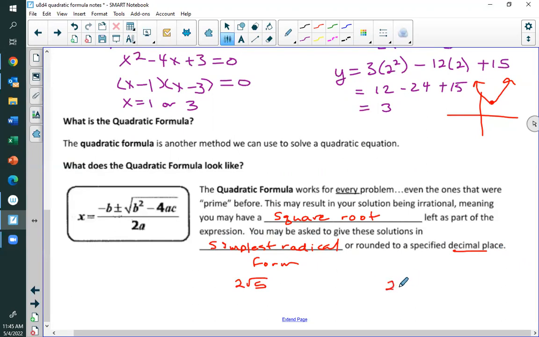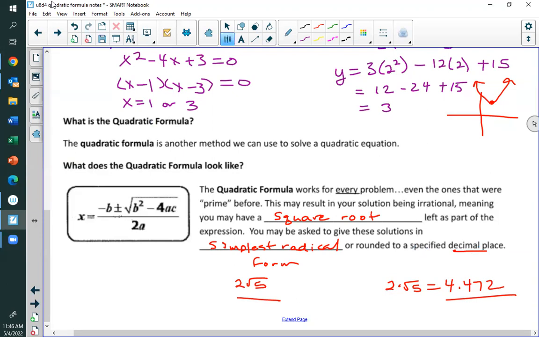Or if I do this on a calculator, I'm going to do 2 times the square root of 5 and then write it out as a decimal. This would be 4.472. Okay, these values are the same. 2 times the square root of 5 is the same as approximately 4.472. This is the decimal version. This is the simplest radical form version.